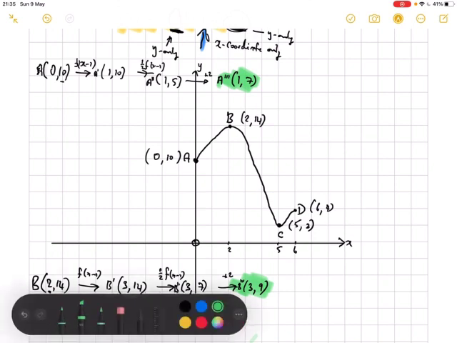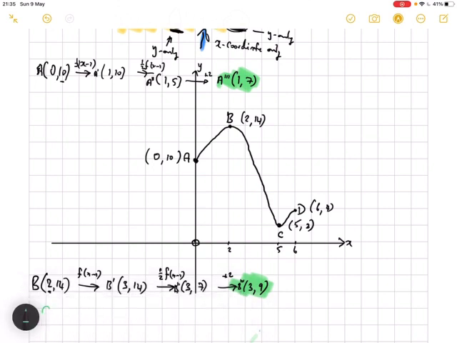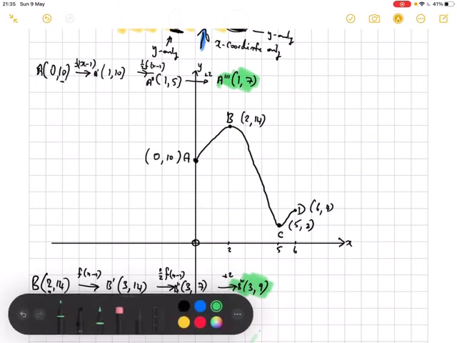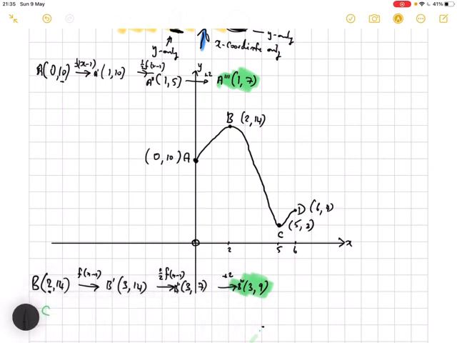Now we're going to do exactly the same for C. So C, we don't want it green, we want it black. C initially started off with 5, 2. After the transformations, I'm not going to go through them again. C dash, we just do f(x minus 1), so we add 1 to the x coordinate, it becomes 6, the y stays the same.